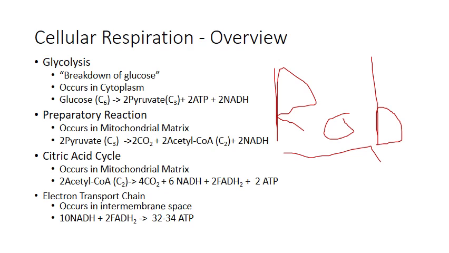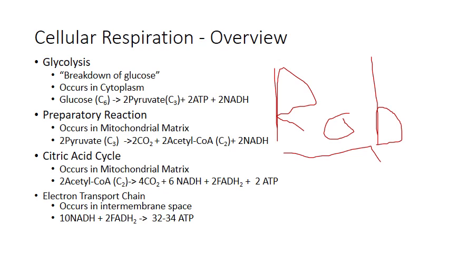Again, we said before that we're going to make on the order of almost 40 ATP, but in these first 3 steps we made 4. So we still have a lot to do in this last step, but what we do have is all of these NADH and FADH2, and we're going to use the energy that was stored in those molecules to make our ATP. So these are the 4 steps.